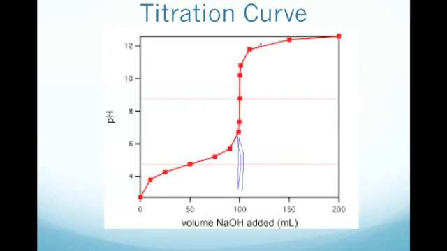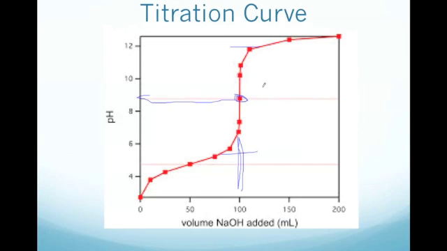When that happens, you look about halfway down, and that's going to be your equivalence point. That is the pH at which your solution has been neutralized. For this one, it's a little bit under 9.